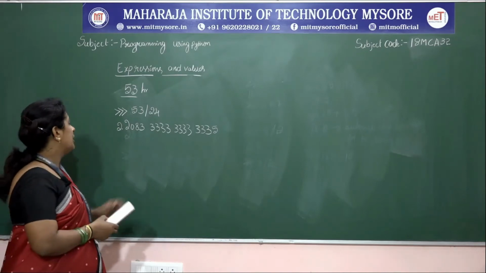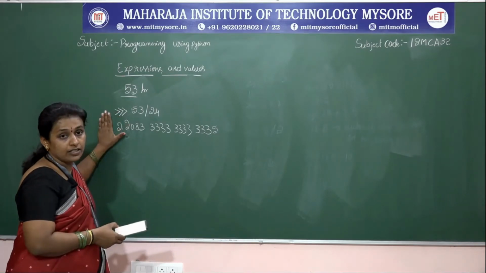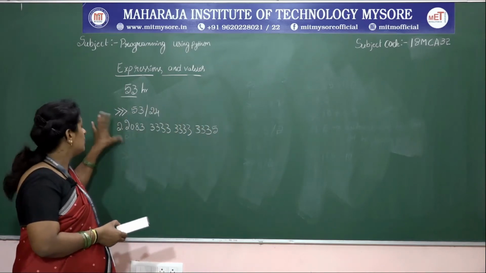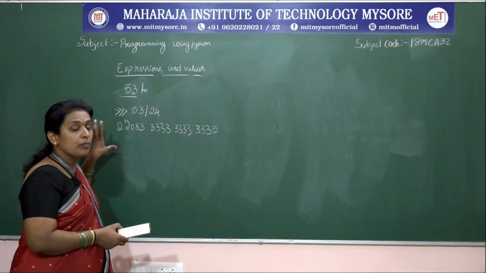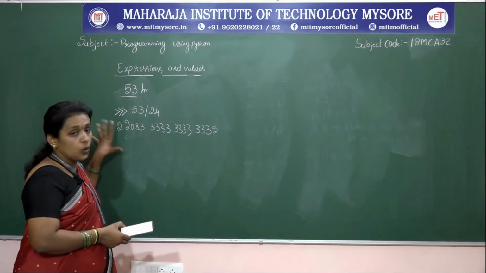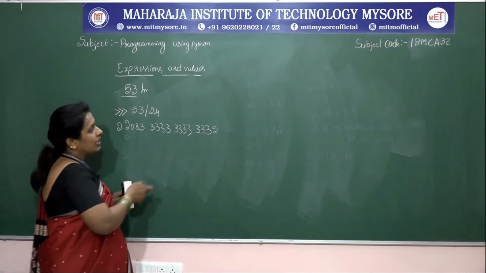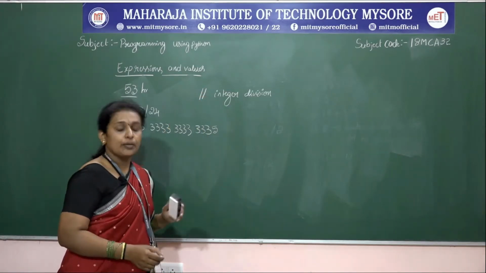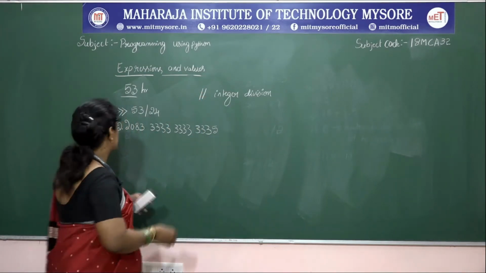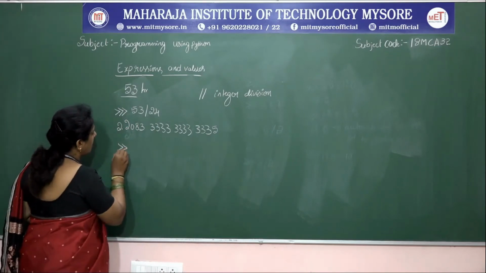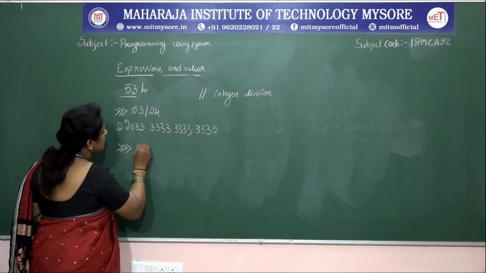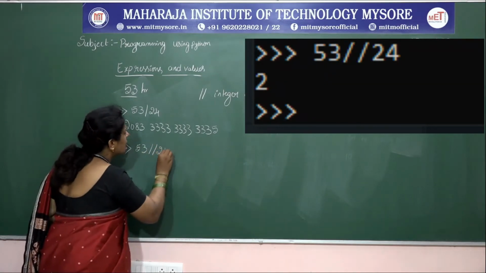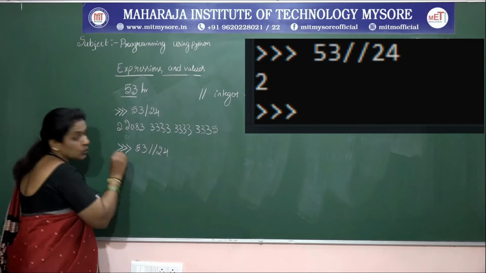But I need only the integer part. Okay, I need to omit the decimal points, but I need to get only the integer part of the result. So for that we use the double slash, which represents integer division. 53 integer division by 24, you will get the answer as 2.